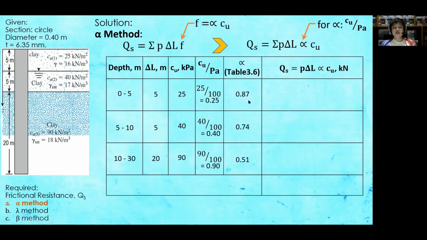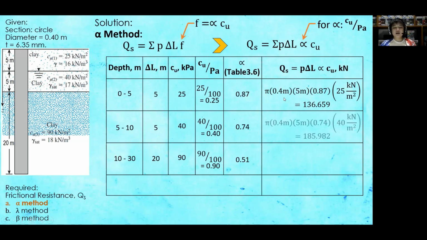So for segment 0 to 5, the QS is equal to pi times 0.4 for our P, times segment length, that is 5, times the value of alpha, which is 0.87, then times the value of CU, which is 25. The value of the first component is 136.659 kilonewtons.